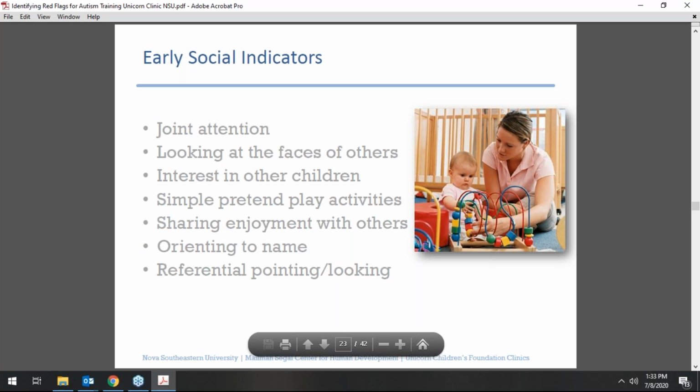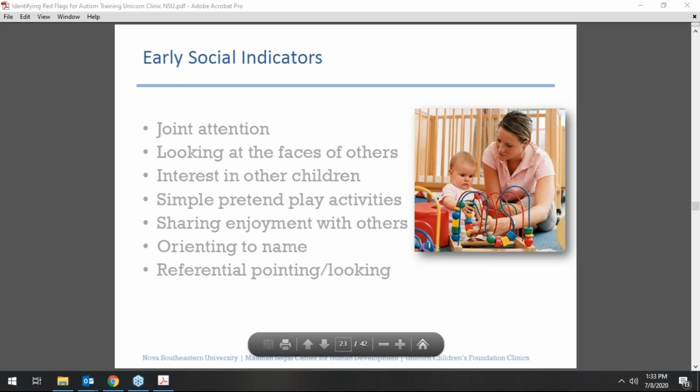There are certain skills that children should possess, something like joint attention. This means that the child is directing your attention or somebody else's attention to an item that is out of reach. So you're creating this triangular interaction, where the child is saying to somebody else, look at the airplane.